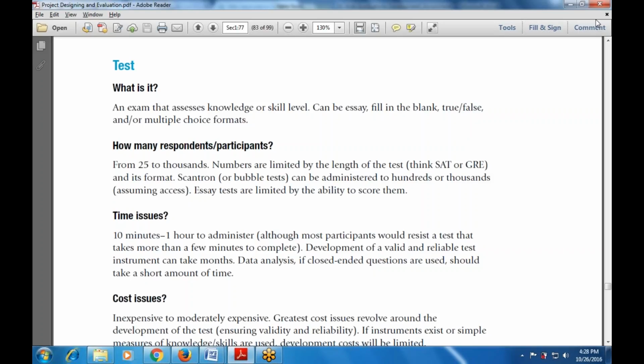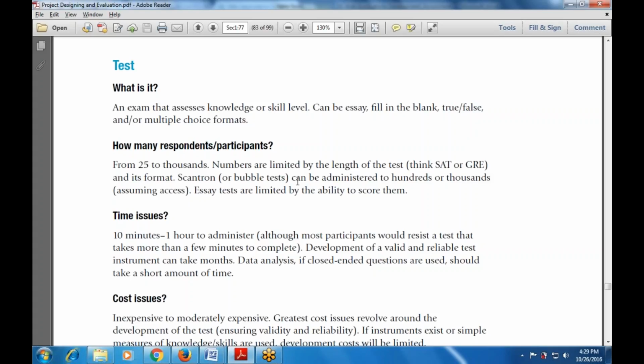Then next are the various time issues. This is about the time that is taken for the test, from 10 minutes to 1 hour. The minimum is 10 minutes and the maximum is 1 hour to administer or go through the test. Most participants should be able to complete it in a short time, because this is only for judging knowledge.